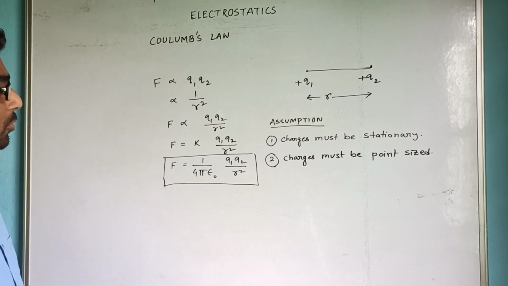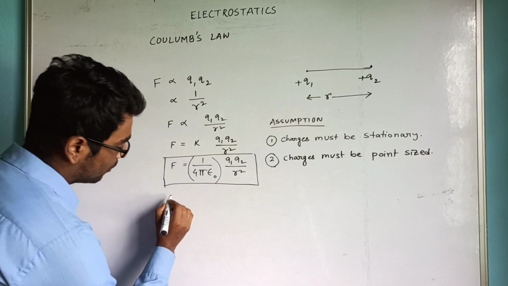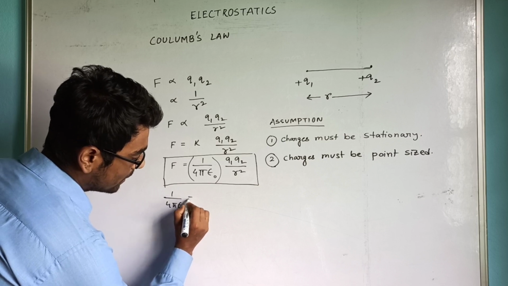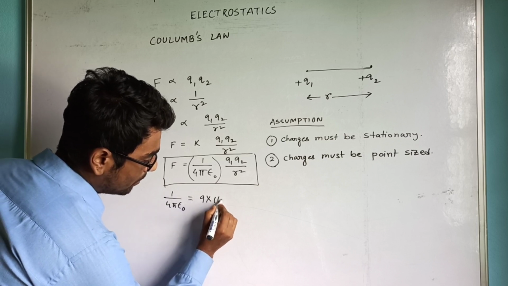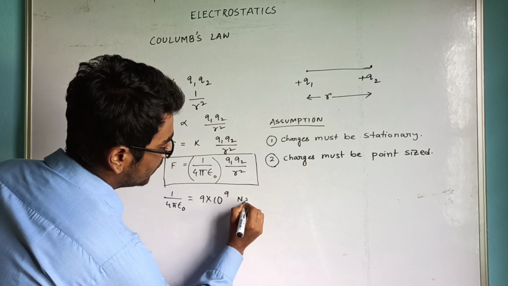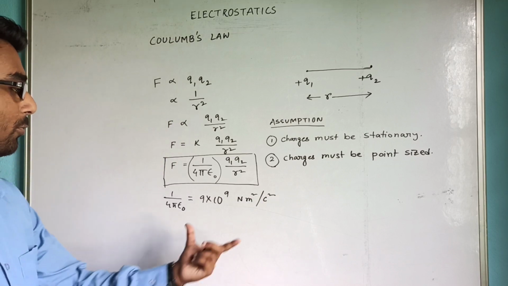Simple. So here we get a constant part 1 by 4 pi epsilon naught. The value of 1 by 4 pi epsilon naught is 9 into 10 to the power 9. The unit will be Newton meter square per Coulomb square. It is the constant value.